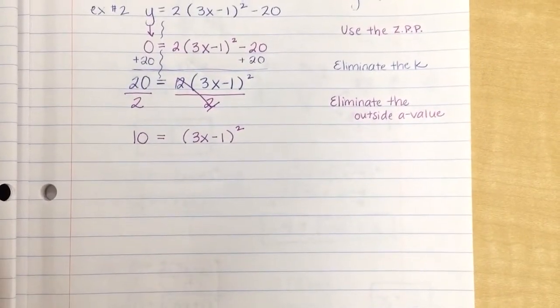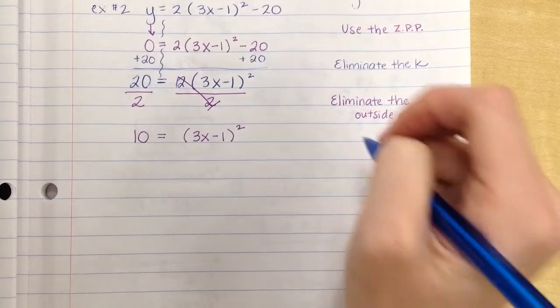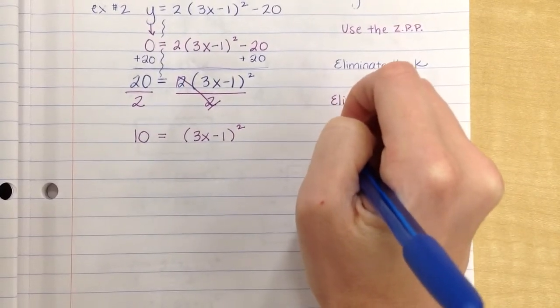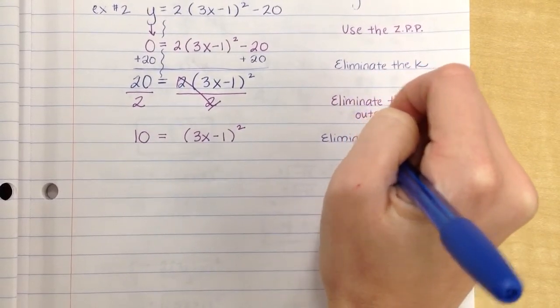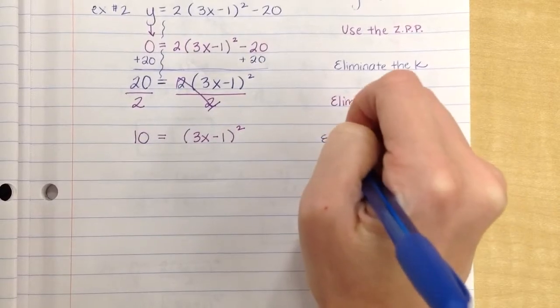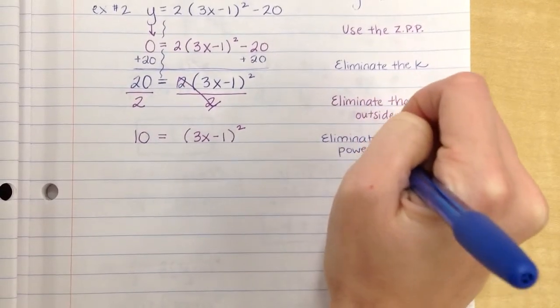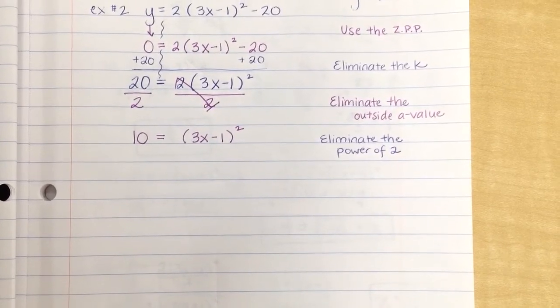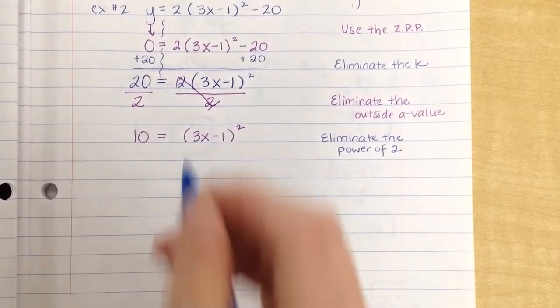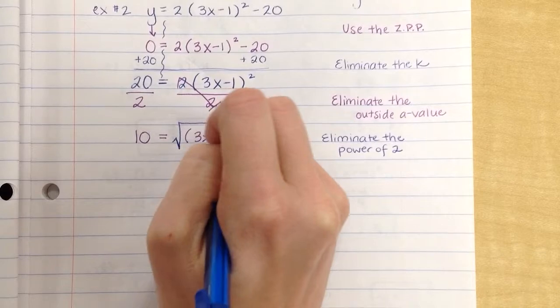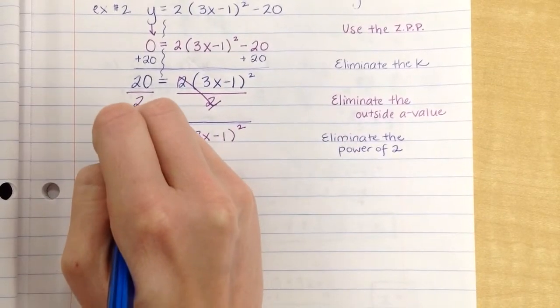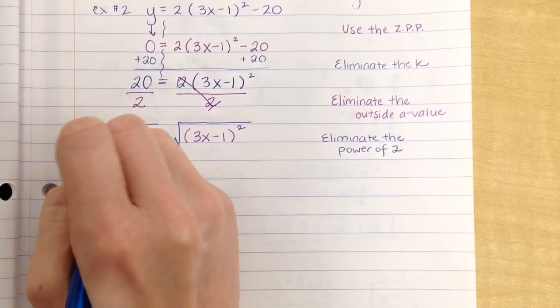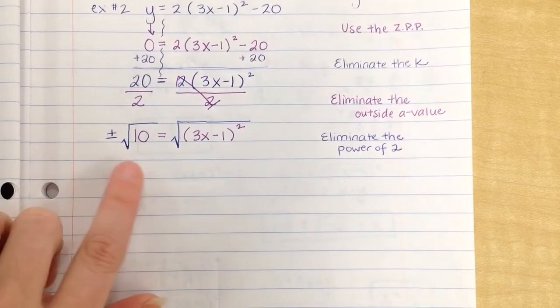Okay. Our next task is going to be to eliminate the power of 2, just like last time. Again, the inverse operation of squaring something is square rooting something. And when we square root both sides of an equation, we must remember to put a plus or minus sign on the front of the numerical side.